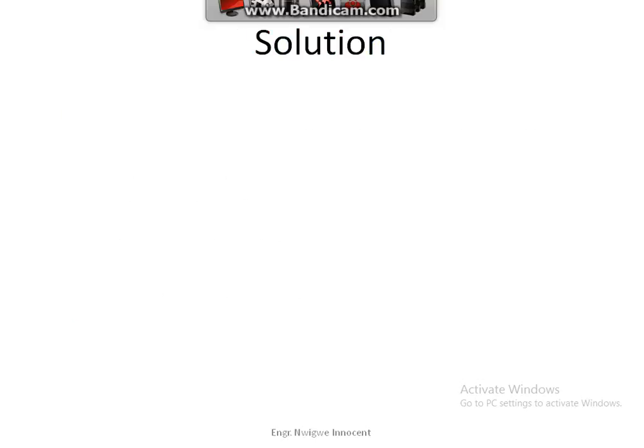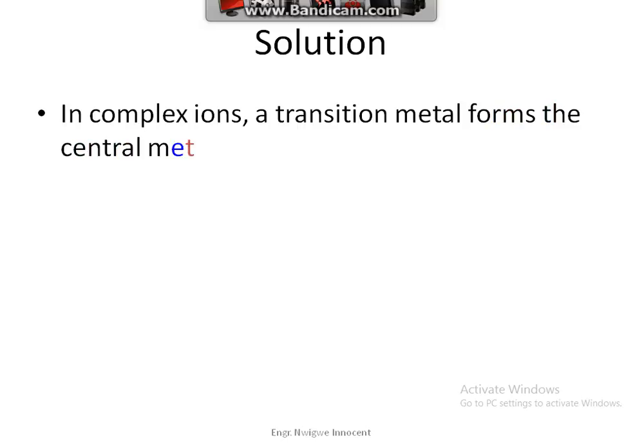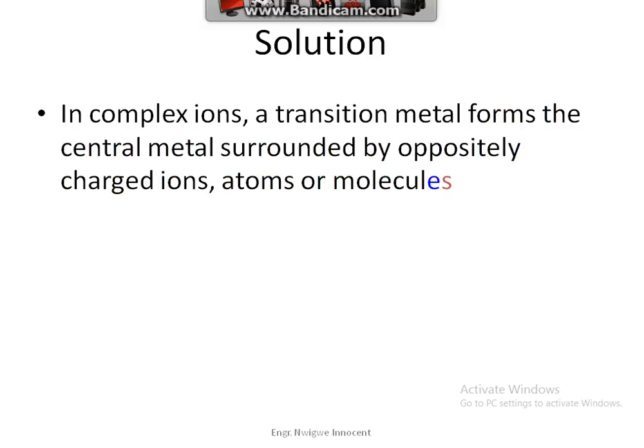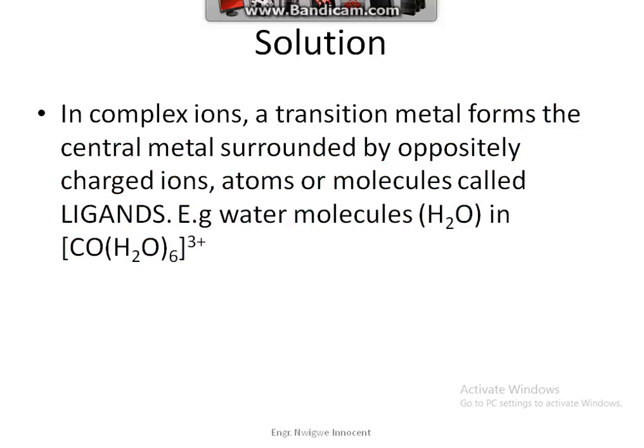Solution. In complex ions, a transition metal forms the central metal surrounded by oppositely charged ions, atoms, or molecules called the ligands.